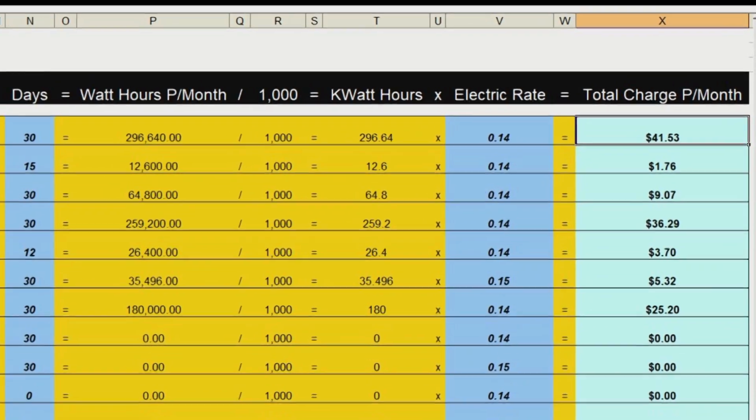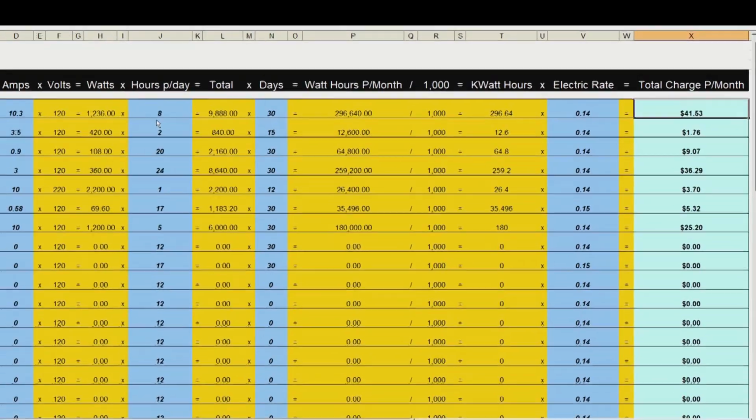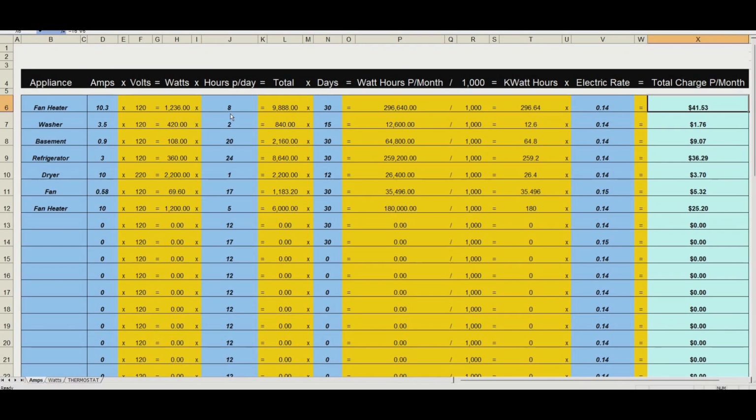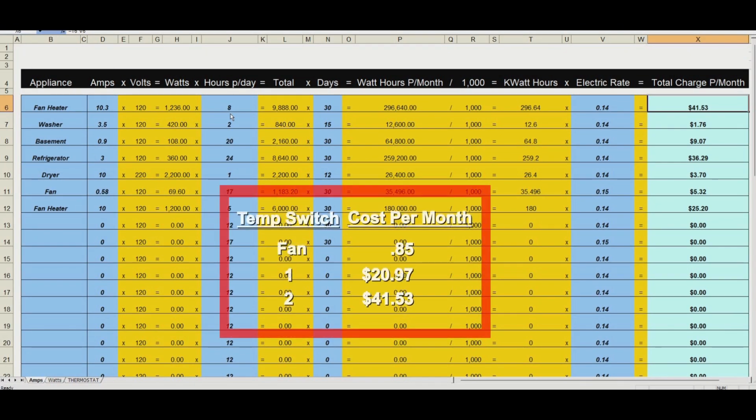Now keep in mind, this device does not have a thermostat, so the amount of power it uses will be constant unless I turn it off. But I'm estimating about 8 hours a day. I hope this video has helped you understand how much money you can actually spend on electricity by using a device that doesn't have a thermostat.